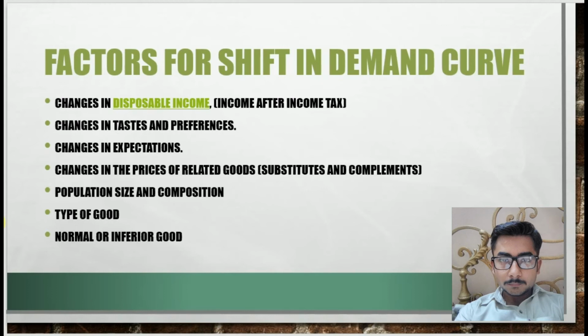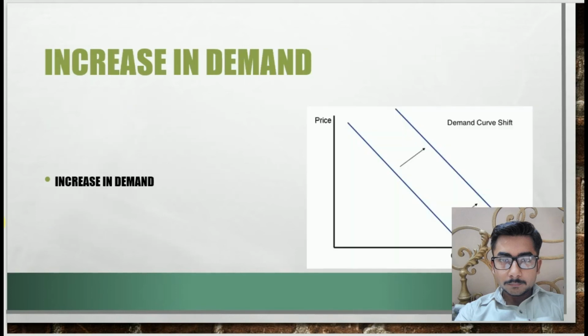With the normal good, we would increase our demand when our income is increasing, whereas with the inferior good, we will decrease our demand when our income is increasing, because the inferior good quality might not be as good as we want. So we might shift to other products which are as good as we think we should consume.